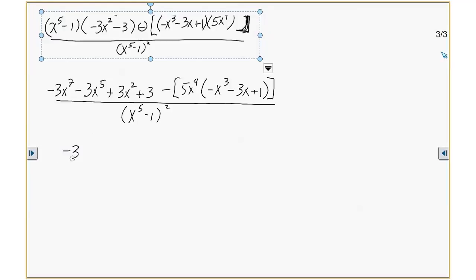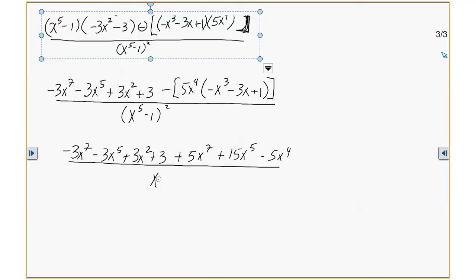Negative 3x to the 7th minus 3x to the 5th plus 3x squared plus 3 minus, be a positive 5x to the 7th, positive 15x to the 5th, minus 5x to the 4th. Y'all check me on that, please. Over x to the 5th minus 1 quantity squared.